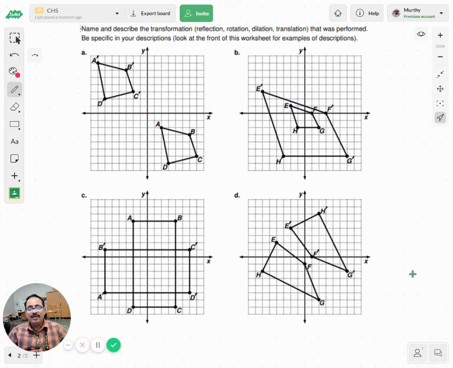I see that this is A and this one is A prime, which means the first one is the pre-image.